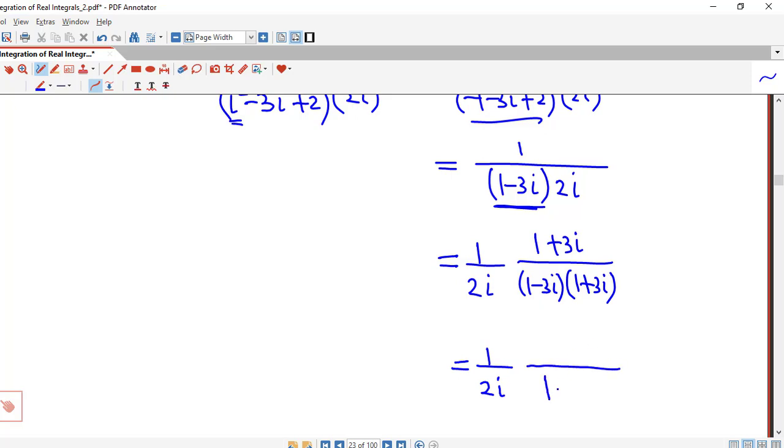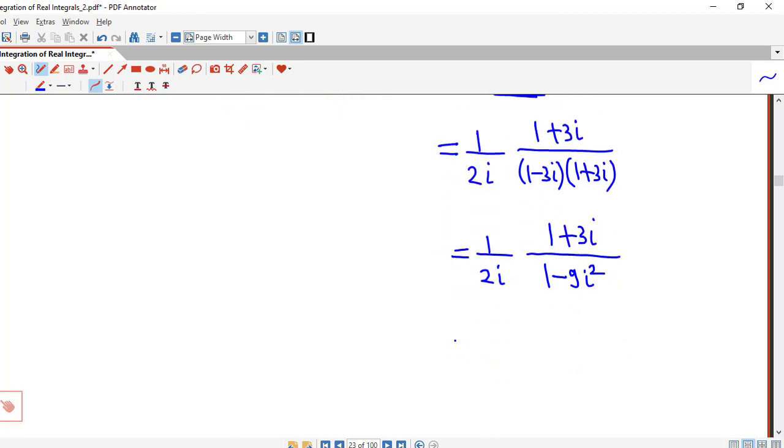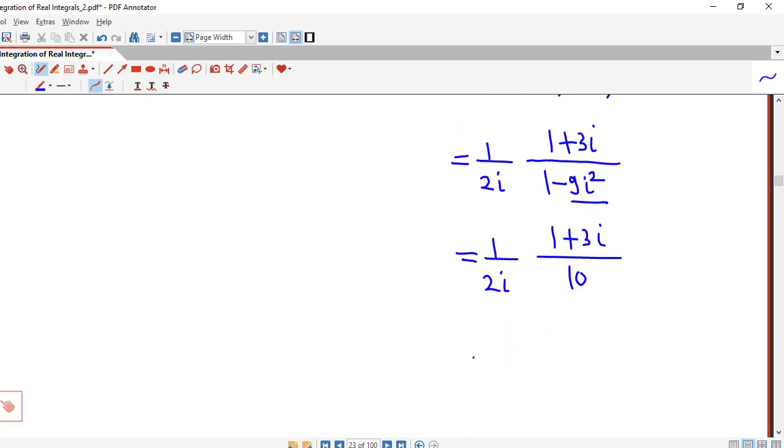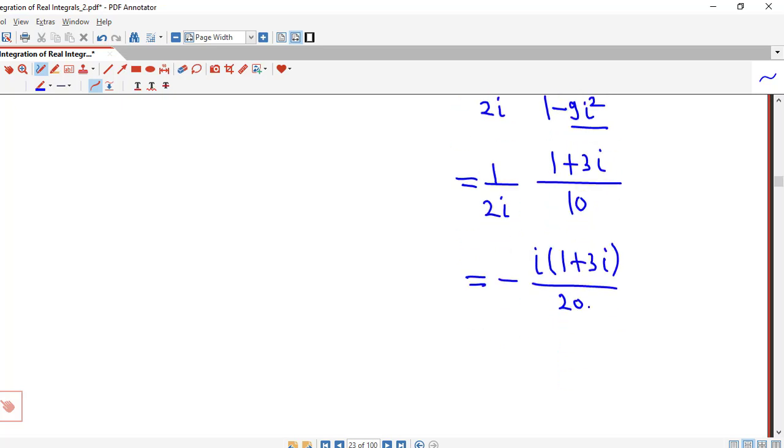So this is going to be 1 minus 9I square, and here we have 1 plus 3I. So this is going to be 1 over 2I, this is 1 plus 3I, because I square is minus 1, this is going to be plus 9, and 1 plus 9 is 10. And we can replace 1 over I by minus I, so we have minus I into 1 plus 3I, and here we have 2 into 10, that is 20.